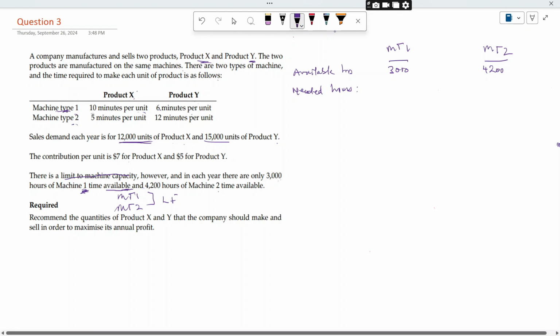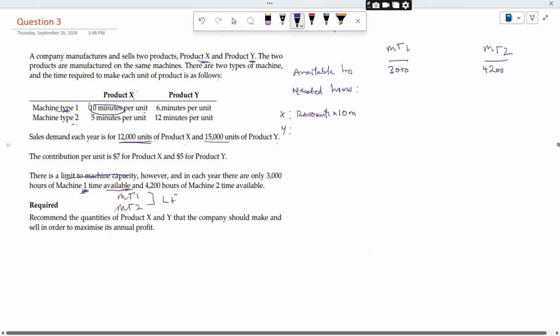Okay, so if we want the needed hours, then we have to look at, for machine type 1, we have product X and we have product Y. Now, if we want to produce 12,000 units of product X, how many hours will be needed on machine type 1? So here we have 12,000 units. And here, when it comes to machine type 1, 10 minutes is used per unit. So we multiply by 10 minutes.